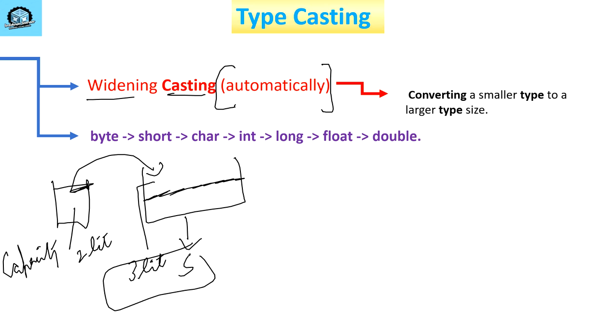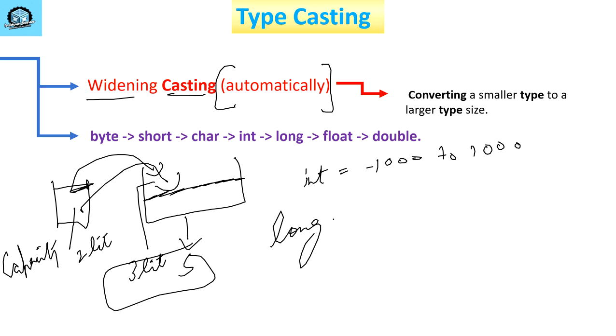In the same way, when converting a smaller type to a larger type, it happens automatically because it can store the value. Suppose int has a range of minus 1000 to 1000, and long has a range of minus 1 lakh to 1 lakh.